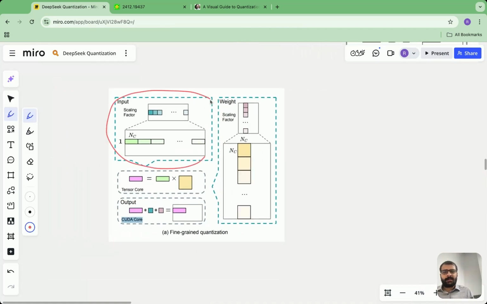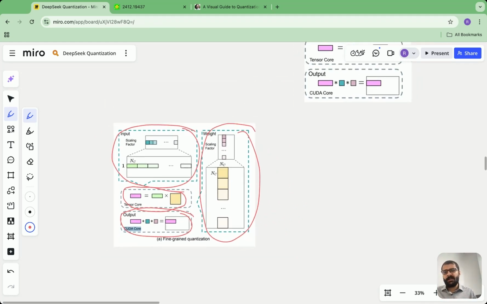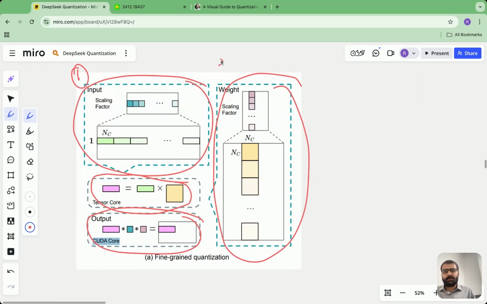So here they are showing the different scaling factors for the inputs or the activations. Here there are different scaling factors for the weights. That's the fine grained quantization part. Here we have the tensor core calculations which are floating point 8, and here we have the output calculations which are on the CUDA core. Those are higher precision floating point 32 computations. So there are actually four parts to this one schematic.